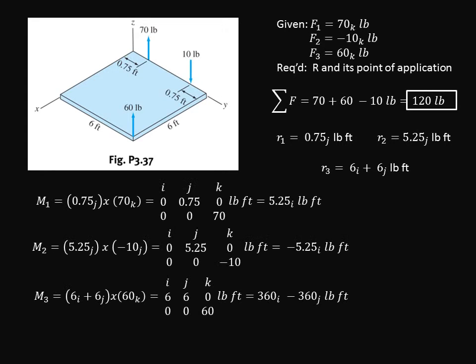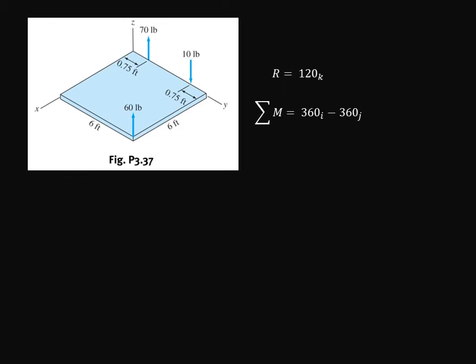After getting all of the moments, add them all to solve for the resultant moment. We can use the resultant moment to find the point of application of the resultant force. Since we already know the resultant force and the resultant moment, we now use the equation that we know to solve for its point of application.